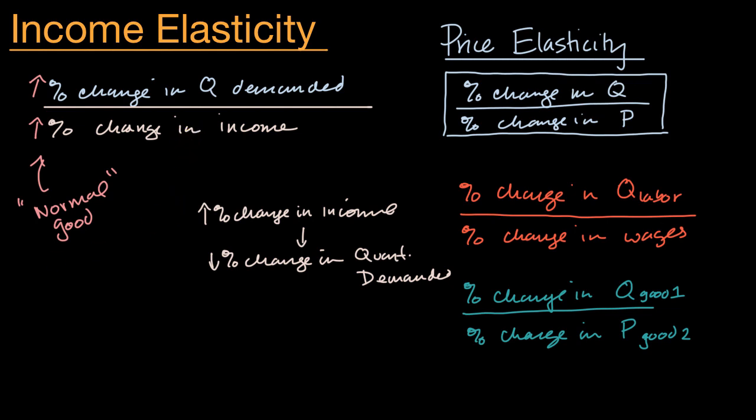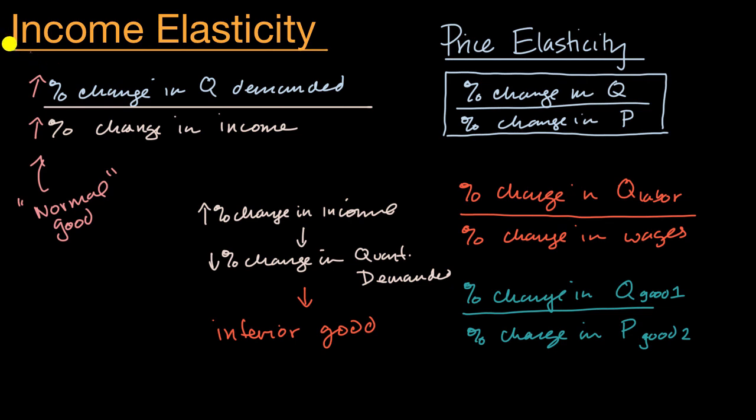And so that situation where our demand would actually go down when our income goes up, or our percent change becomes negative when we have a positive percent change in income, that is known as an inferior good. So there's two big things to take away. One, you don't just have to think about price elasticity of supply or demand. There are other types of elasticities.